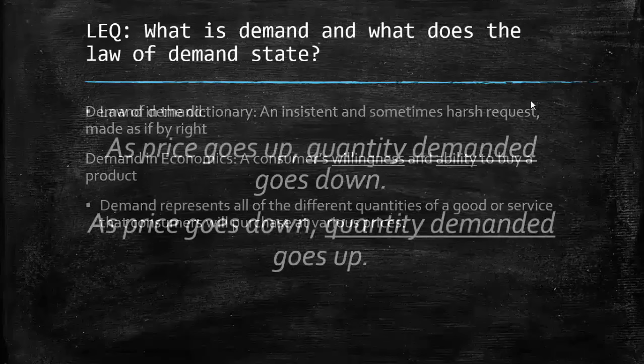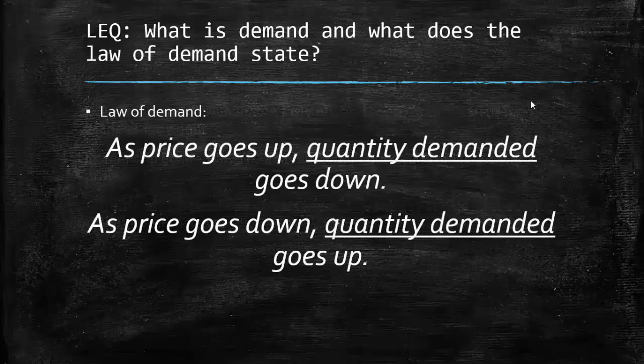All right. Now here is the law of demand. So we have what demand is, a consumer's willingness and ability to purchase a product, and there is a law. I guarantee you guys that you're going to remember this the rest of your life because you're going to hear me say it and you yourself are going to say it probably 500 times over the course of the next month. So the law of demand: as price goes up, quantity demanded goes down. As price goes down, quantity demanded goes up.